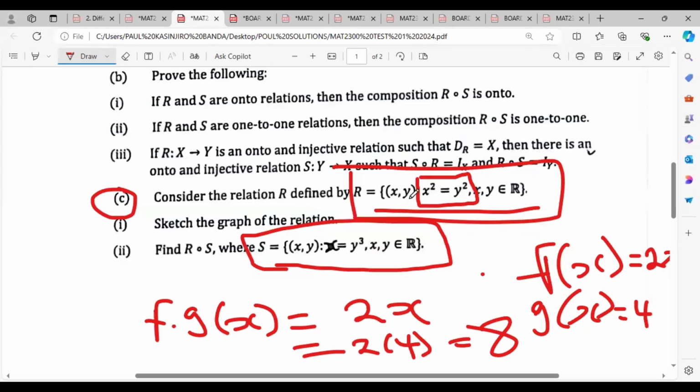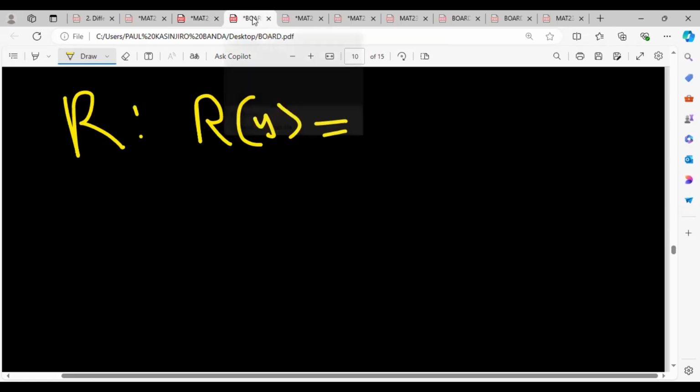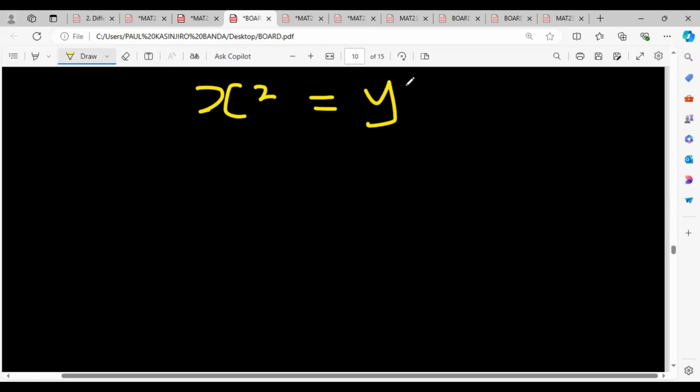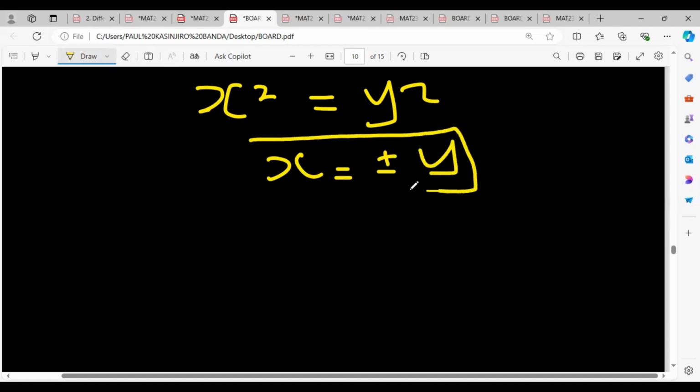We had X squared, Y squared, and then we reduced this: X squared is equal to Y squared. Before I write this, maybe I can confuse some people, so let me say this. We had X squared is equal to Y squared, right? Then we said we can take the root of both of these, and this formula will just become X is equal to plus or minus Y. That's what we said, right? So this one here will be our R.